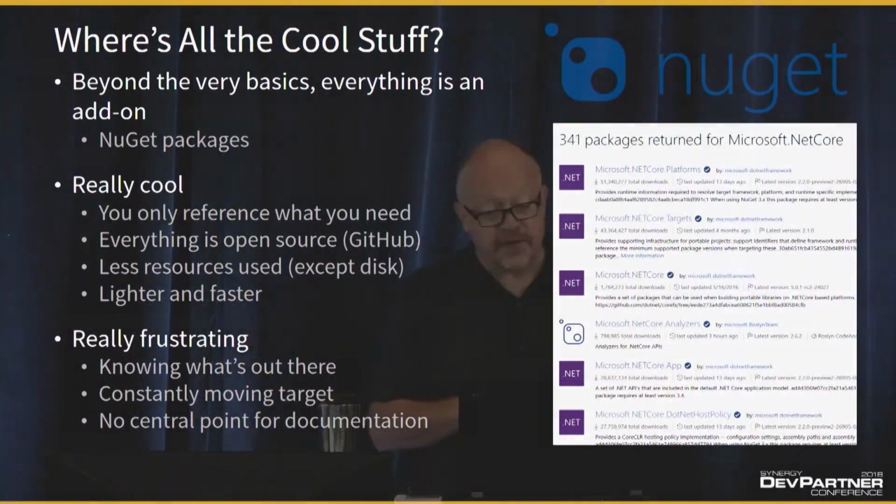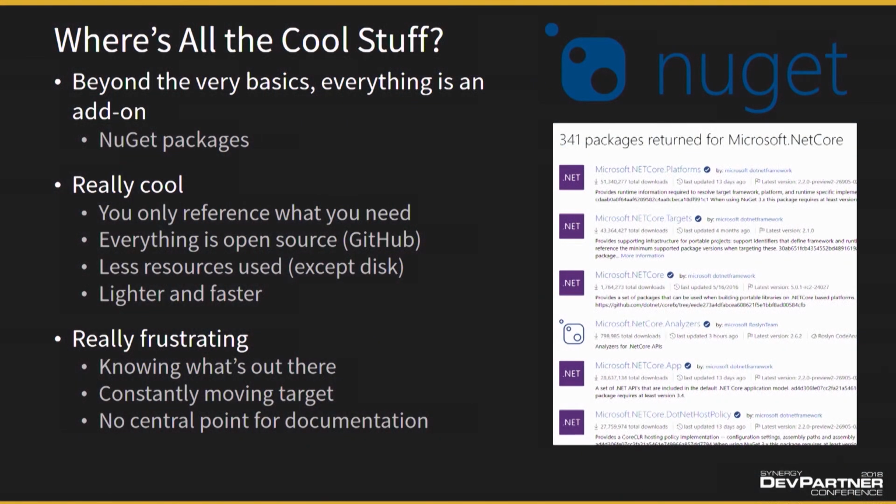So clearly, you're not getting everything that Microsoft chose to put in the .NET framework. You're getting specifically what you targeted and said what you need, and that's where a lot of the optimization and performance comes from, because the app is small and lean compared to .NET Framework applications. So that's really cool. It lets you choose exactly what you want and only what you want.